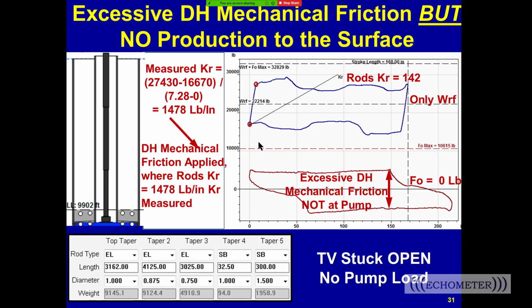So this is a rod part at the pump that you couldn't see, as it should be a flat pump card. You can't see it's a flat pump card because this mechanical friction force at 1,300 feet from the surface calculates this weird shape. This is the pump load force required at the pump to create that force at the surface.